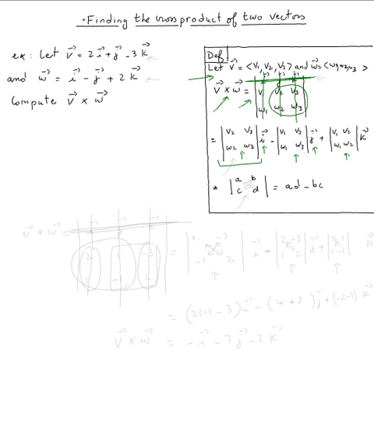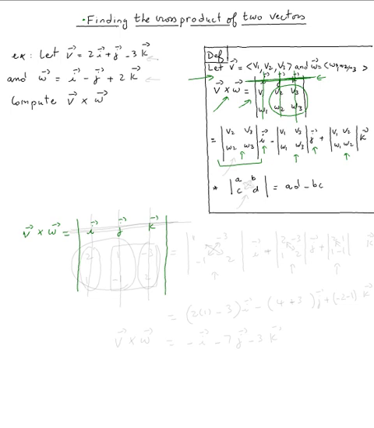Alright, so let's do that. So v cross w is equal, like I said, we always put the i, j, k first in the first row.